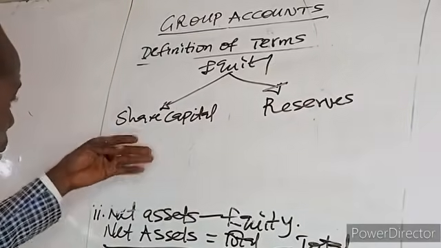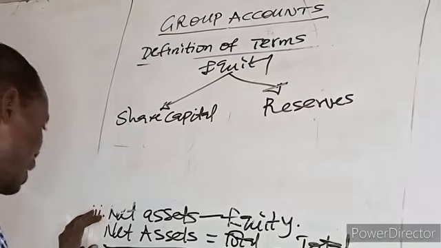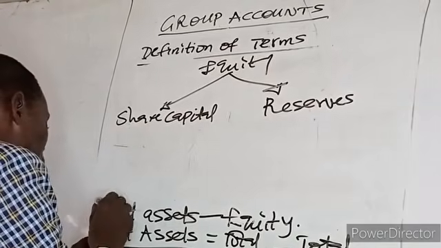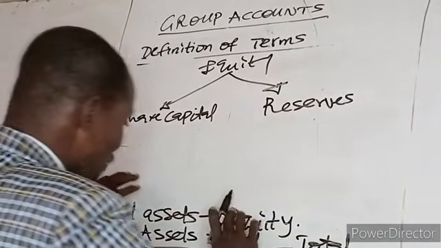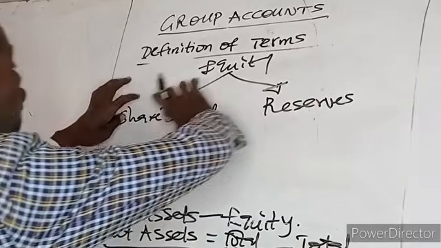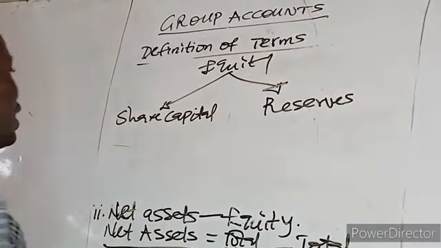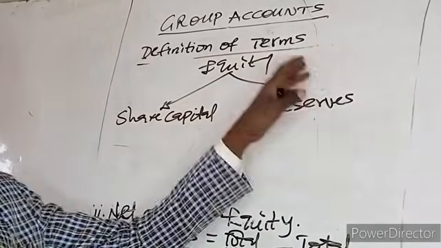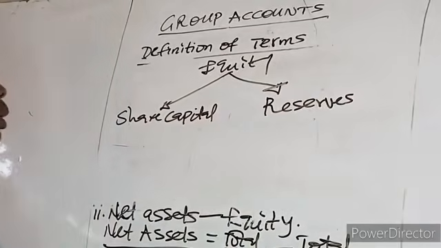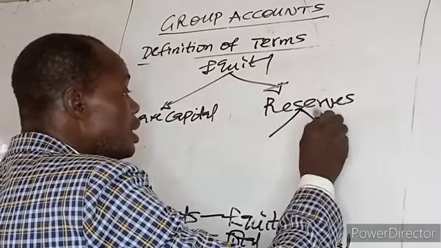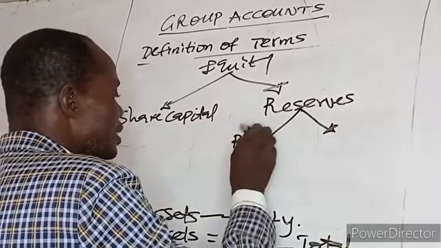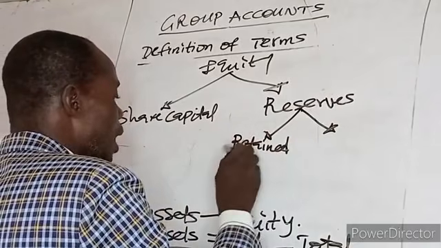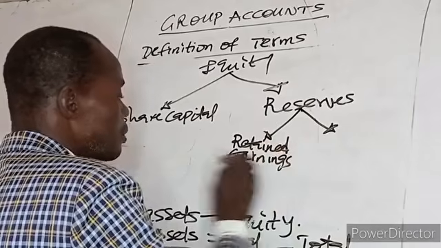So if I mention equity or net assets, I'm referring to all these items together: the share capital and reserves. The reserves may include retained earnings or retained profits.